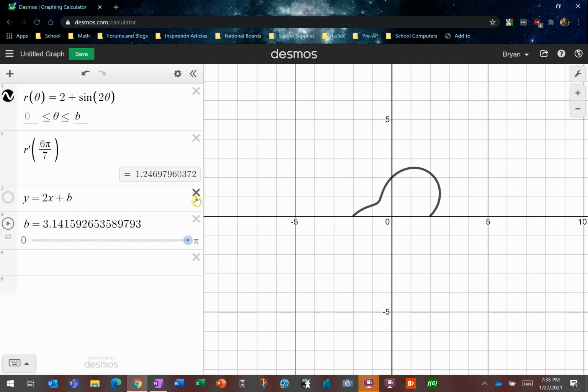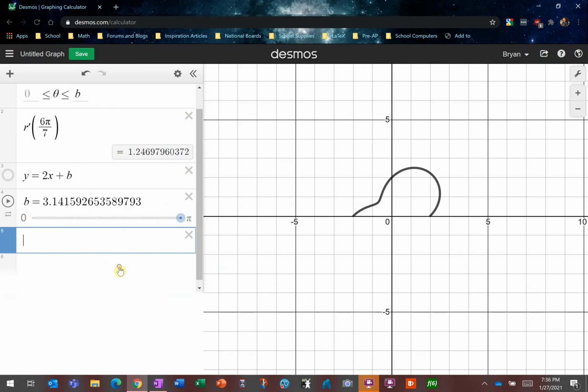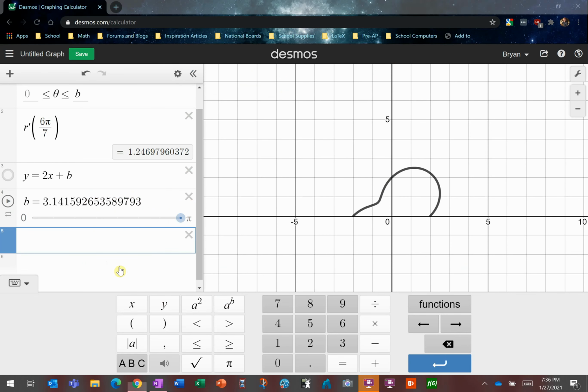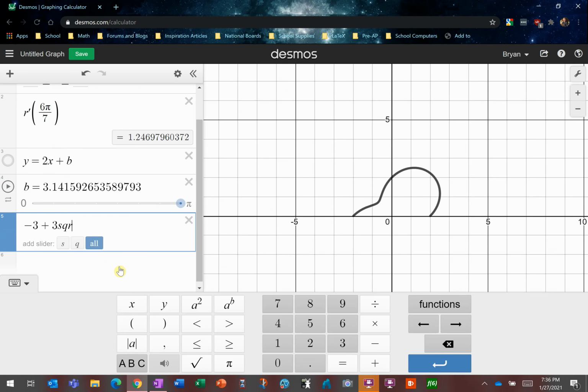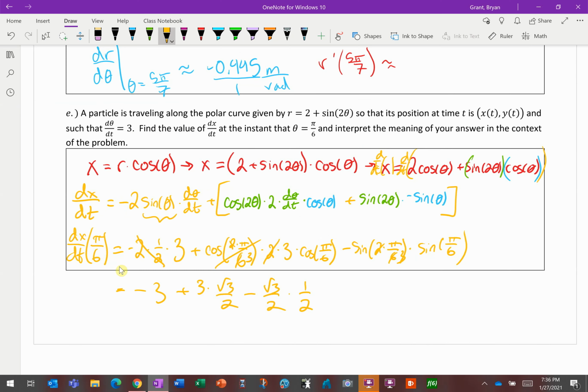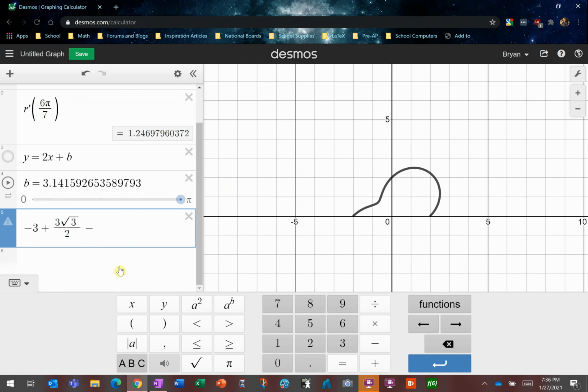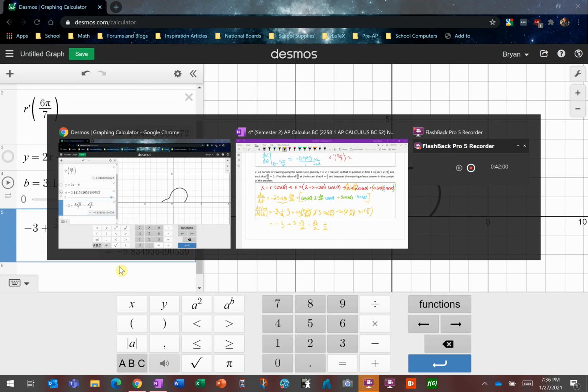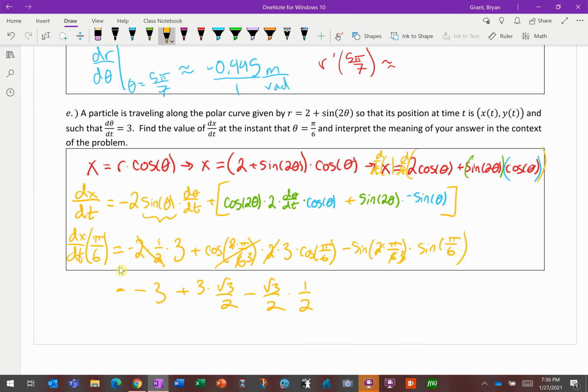So negative 3 plus 3 square roots of 3 over 2 minus the square root of 3 over 4. Negative 0.834. So what's happening here?